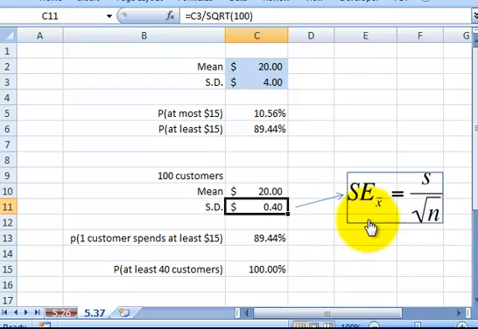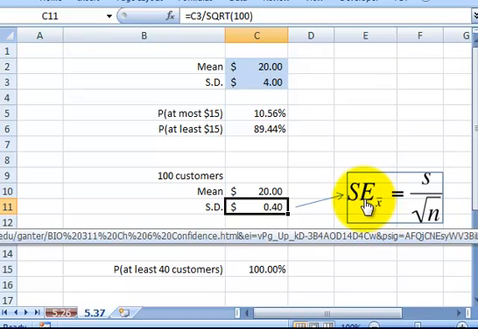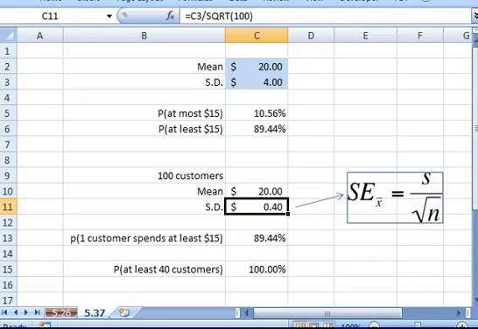So the exact equation for it is the sample standard deviation is the standard deviation divided by the square root of the number of n's, the size of my sample. So the more I'm taking samples, I'm going to shrink that standard deviation, which is an important concept to understand.